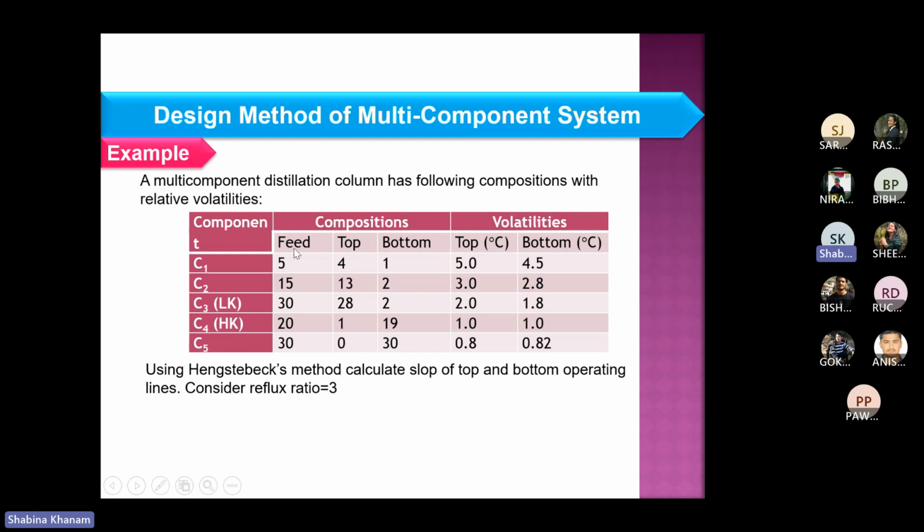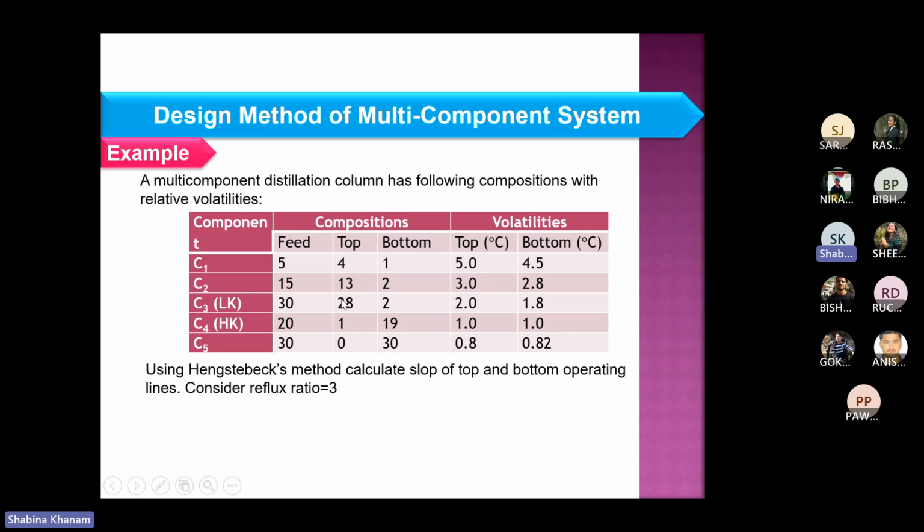Here I have the composition of feed, top and bottom, and as far as volatilities are concerned, we are given relative volatilities. If you see the heavy key, it is given as 1, because all relative volatilities in a multi-component system we represent with respect to the heavy key.